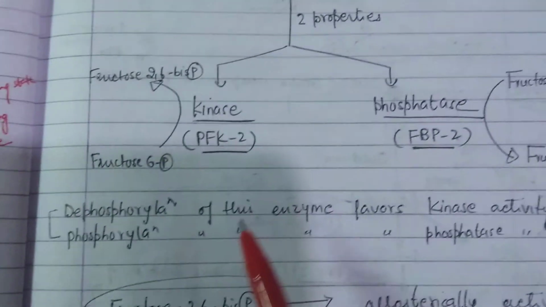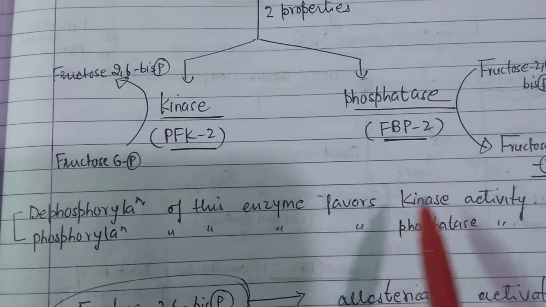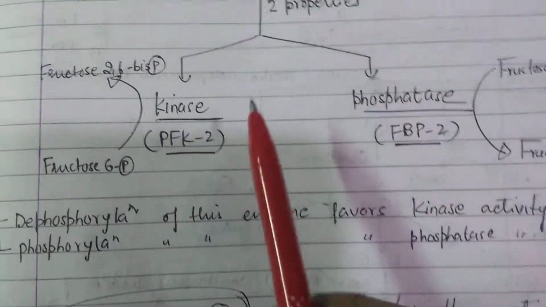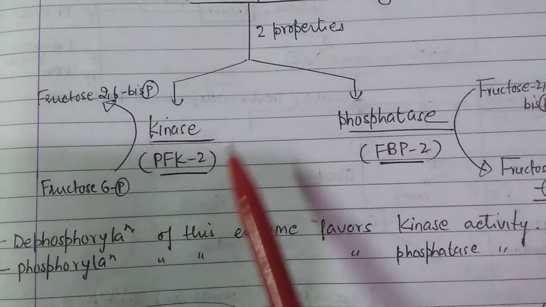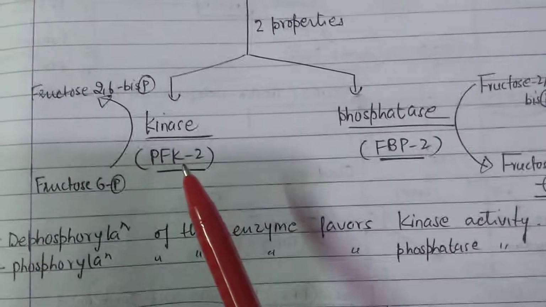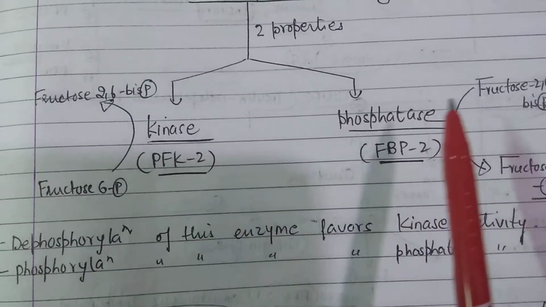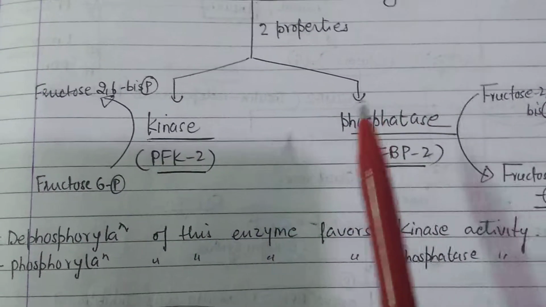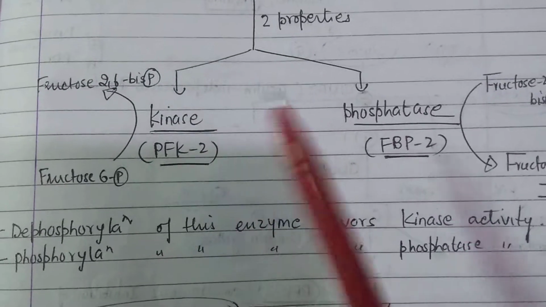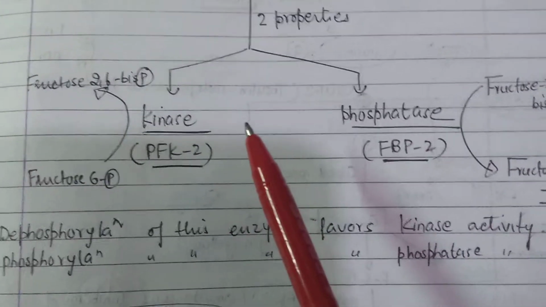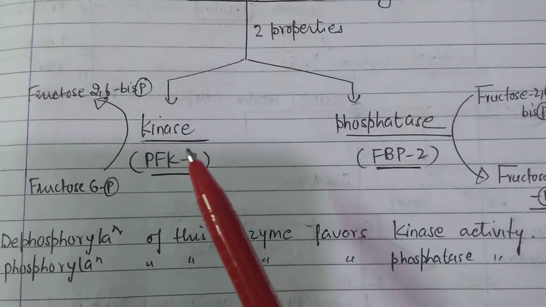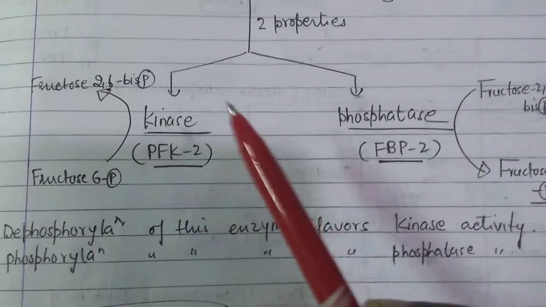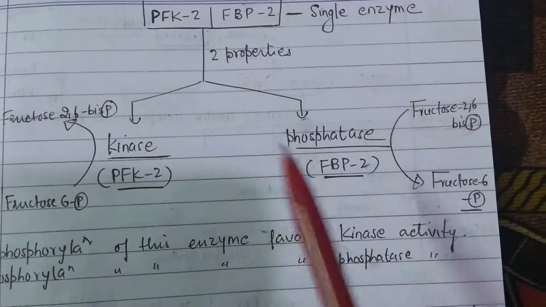And this is what is written here: dephosphorylation of the enzyme favors kinase activity, and phosphorylation of this enzyme favors phosphatase activity. Means this enzyme will be predominantly PFK2 after dephosphorylation, and it will be predominantly FBP2 after phosphorylation. Now who will cause dephosphorylation? Insulin. And when will insulin cause its effect? In the feeding state. So in feeding state, I can say that kinase is active in this enzyme, and in fasting state phosphatase is active.